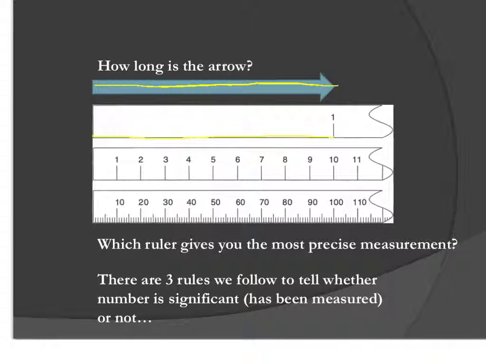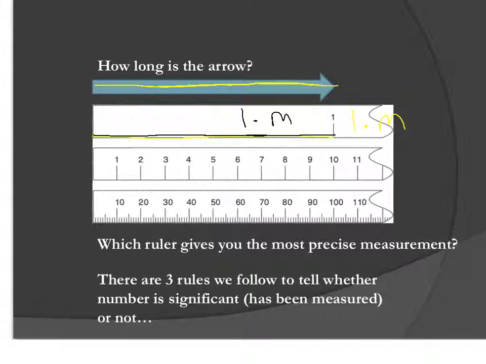So we can mark this ruler or arrow as being equal to 1 meter. I'm actually going to change my color here so it's a little bit easier to see. Okay, let's try this again. There we go. So this arrow would be equal to 1 meter using this first ruler.